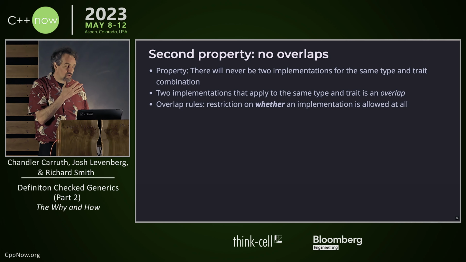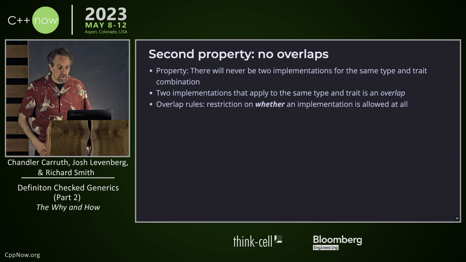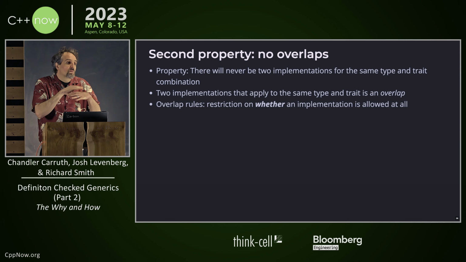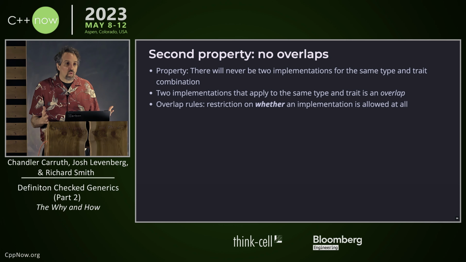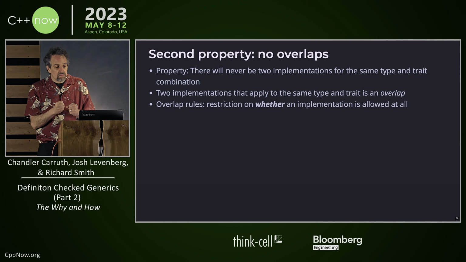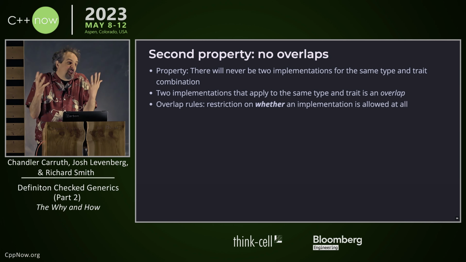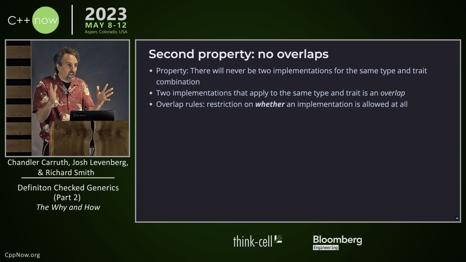You have the same type and same trait. You can only have a single implementation that applies. And this is as restrictive a rule as you can have. Overlap rules in other languages can be less restrictive. For example, Carbon has a less restrictive rule. We'll talk about that later.